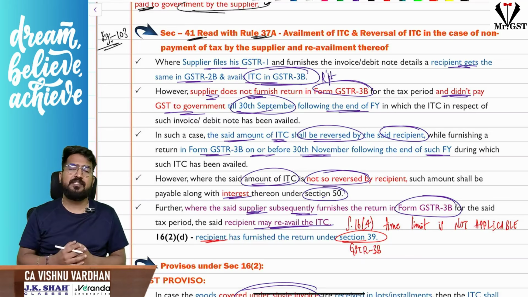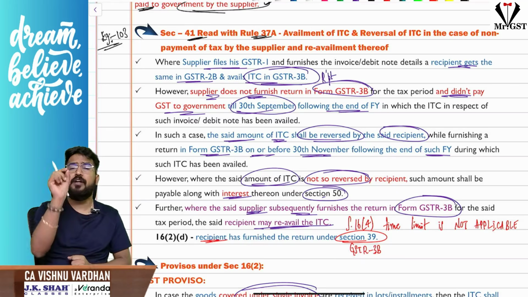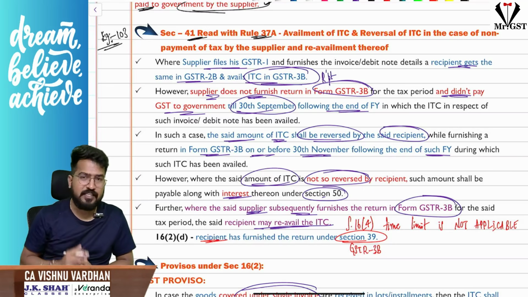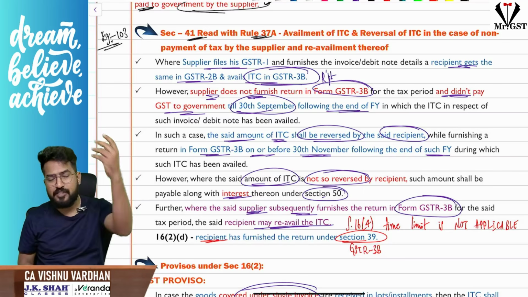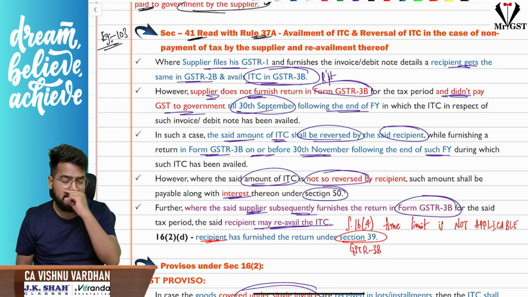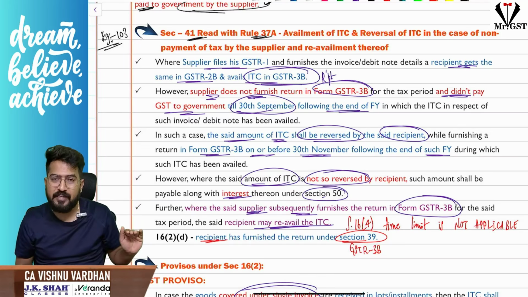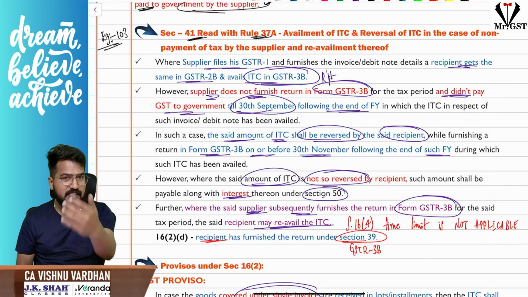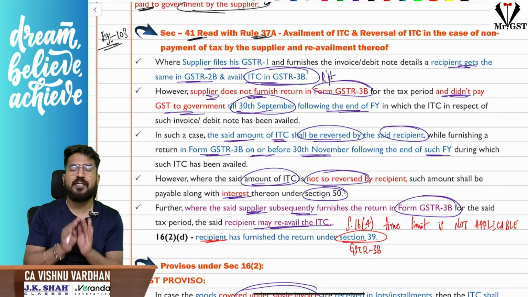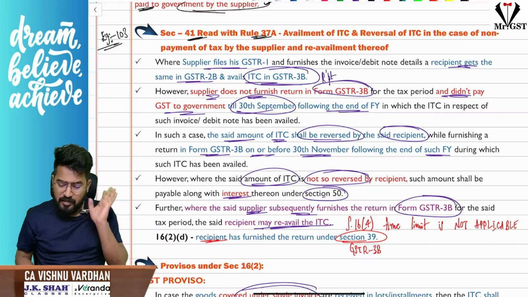Like that the government is asking. So before 30th September, your supplier should have filed this GSTR 3B and paid taxes to the government, which you got as ITC already. If he has not done that, by 30th November of the succeeding financial year, that means in another 2 months' time, you should reverse the ITC without any interest.